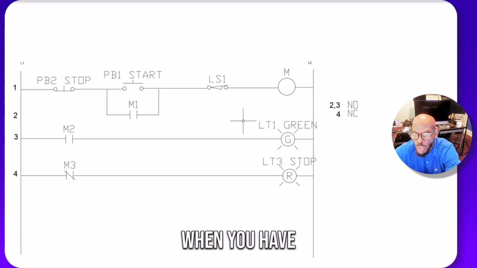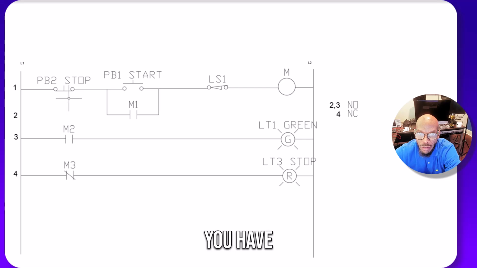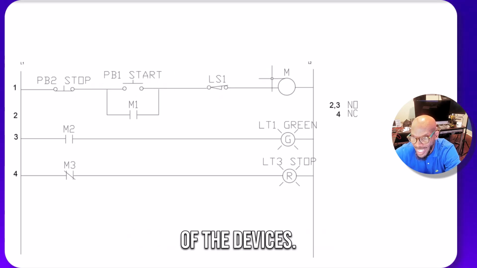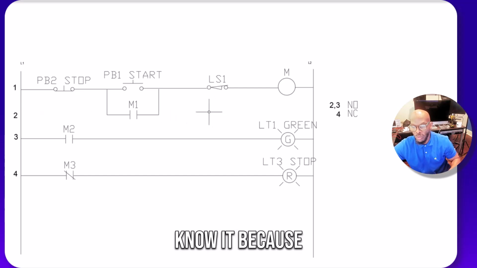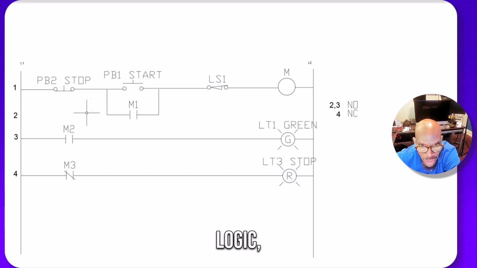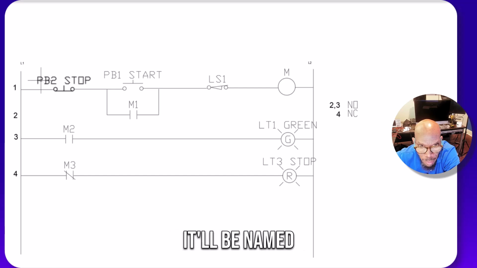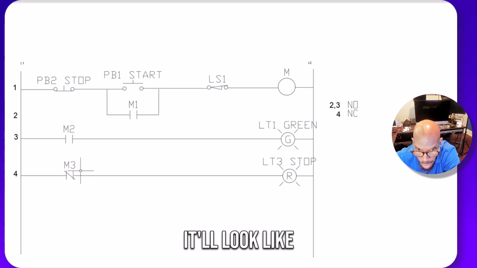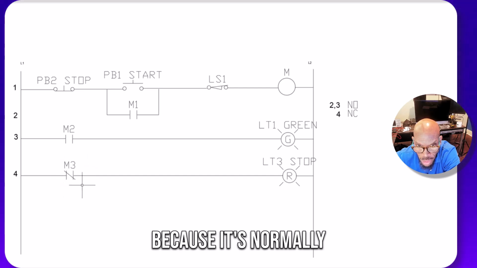And just remember, when you have control circuits, you have the contacts as well as the physical representation of the devices. In ladder logic, it's going to be different. So you've got to know, because in ladder logic, this stop button will be named PB2 stop, but it'll look like this contact because it's normally closed.